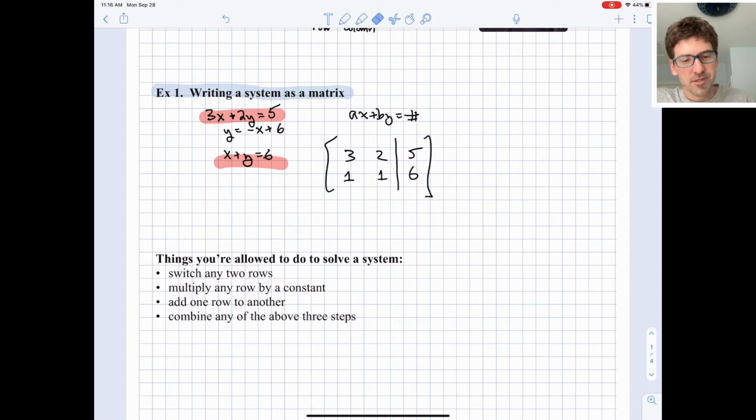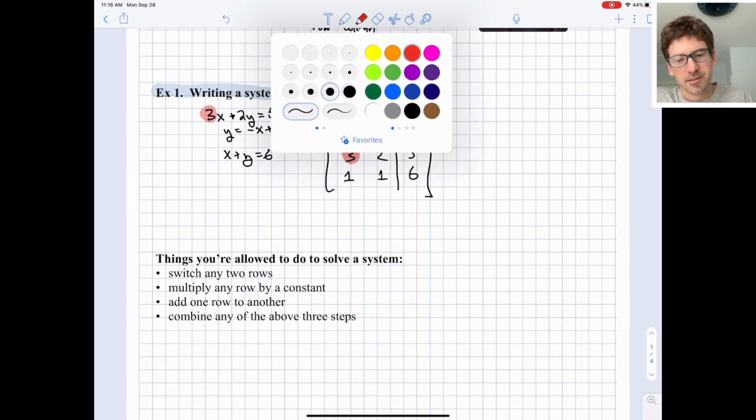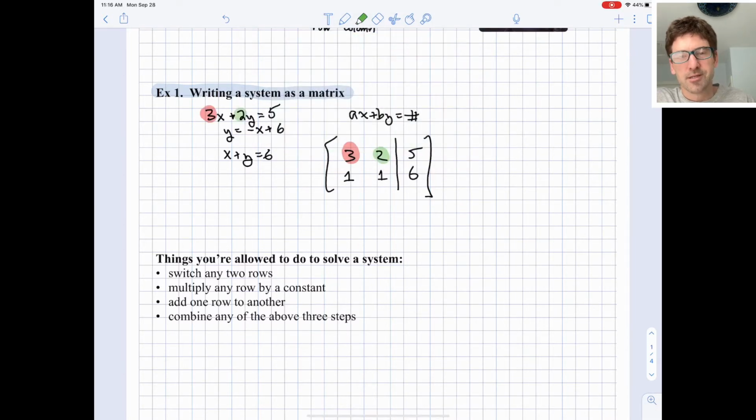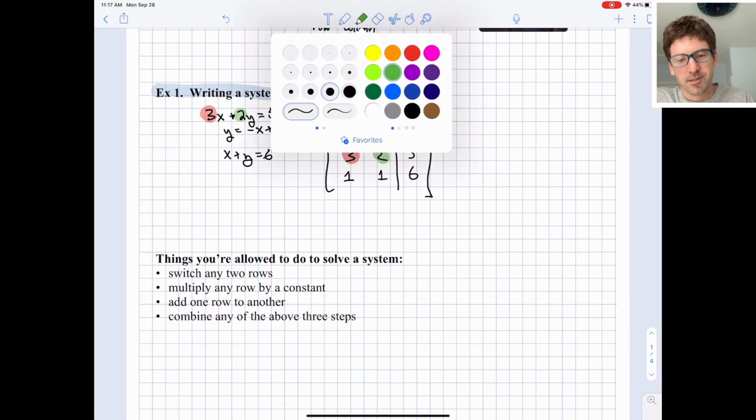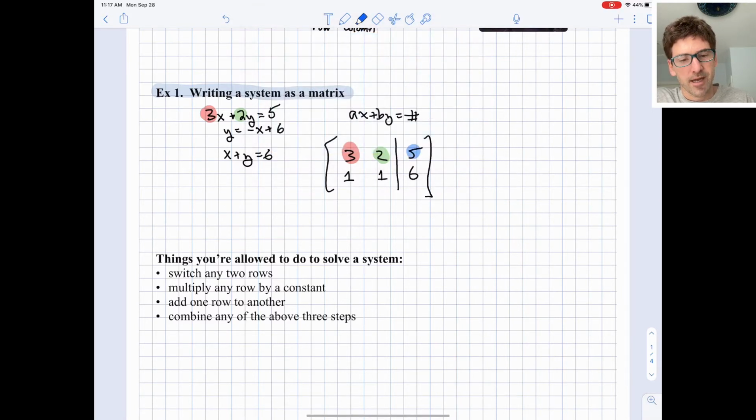So to try to be super clear here, this 3 refers to this 3. This 2 refers to that 2. And that 5 refers to that 5. Okay? And that vertical bar in between the 2 and the 5 represents the equal sign. So all we did is we wrote our system of equations as a matrix.